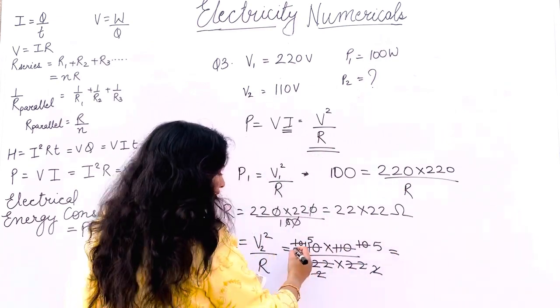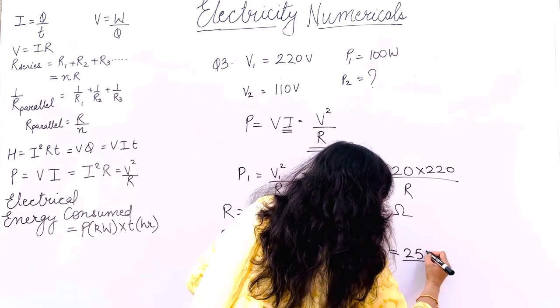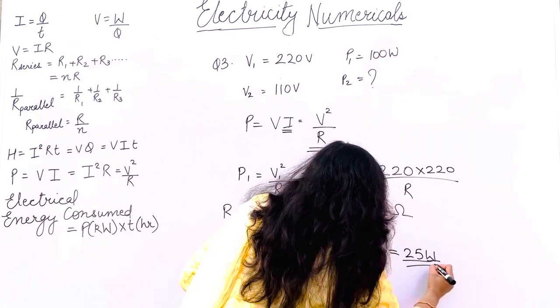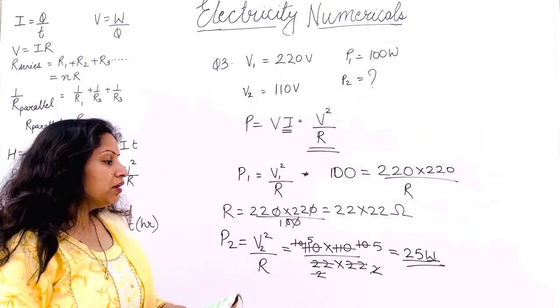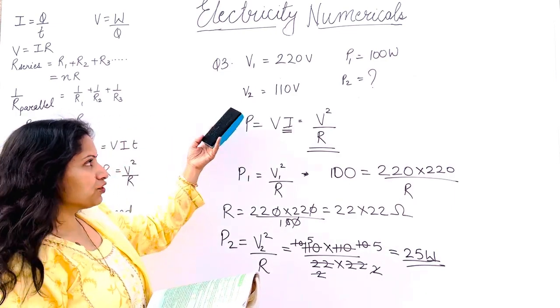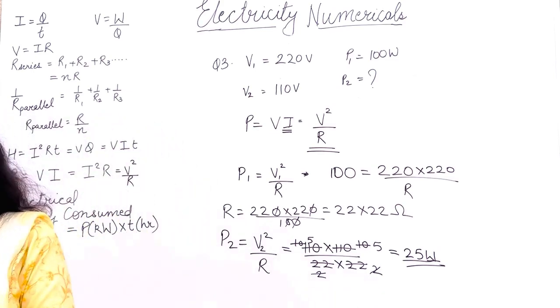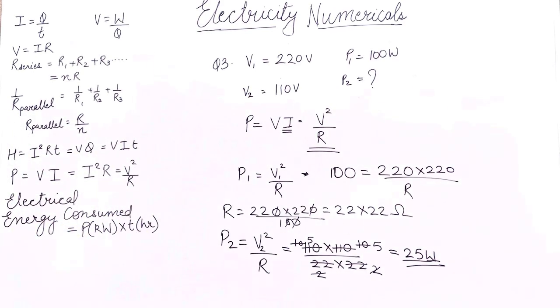So it becomes 5 times 5, and so it is 25 watt. So the new power of the bulb when it is operated at 110 volt will be 25 watt. You can just take a screenshot if you want, but I hope you are all doing it along with me.